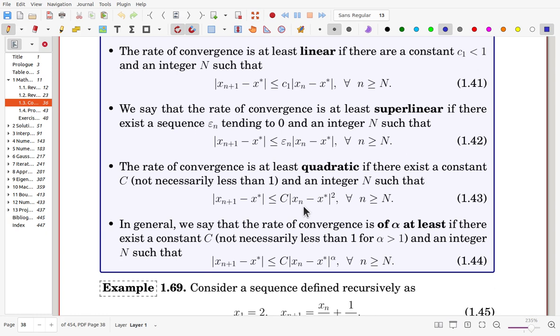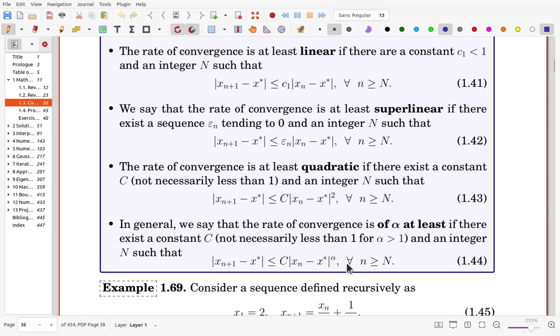In general, we can define the convergence rate of alpha in this way. So if you can find alpha, which is larger than or equal to 1, then we say the convergence rate is alpha.